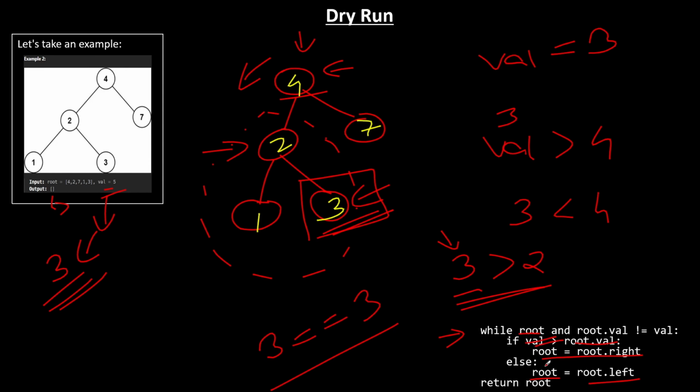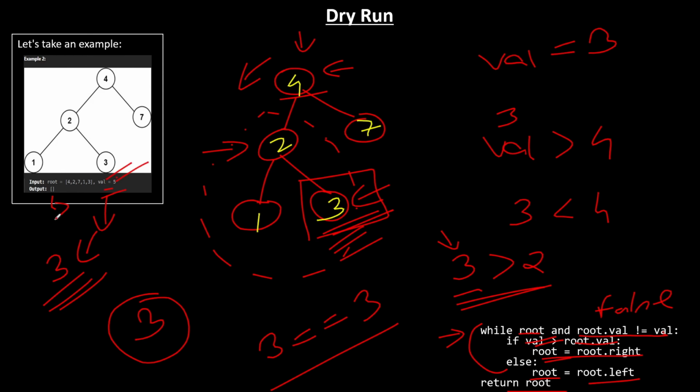It is not greater, not smaller, which means it is equal to val. So this condition gets false, we run out of the loop and we return the root. In this case, we return 3 as the output, and 3 should be our output when our given value is 3.